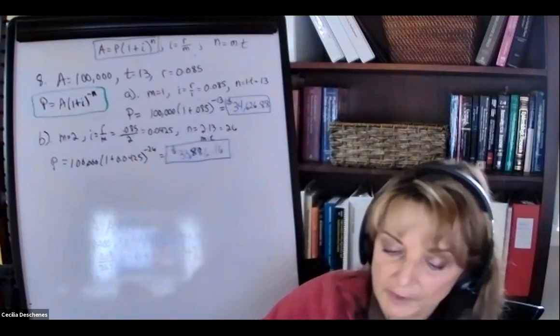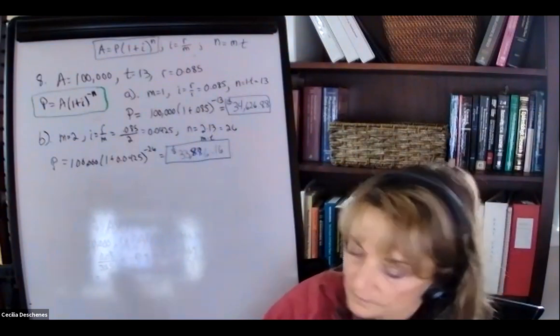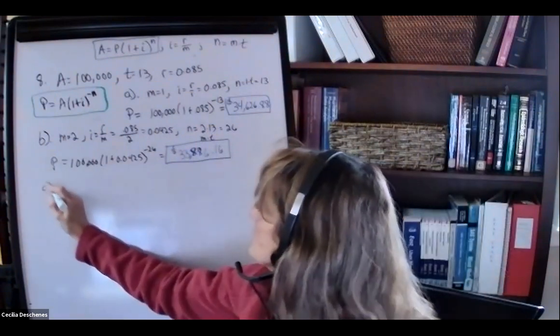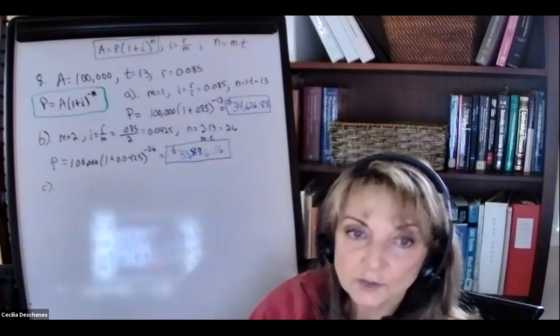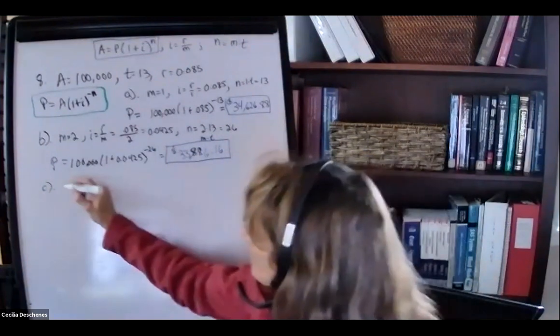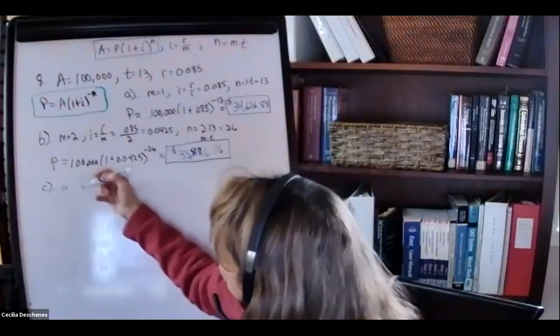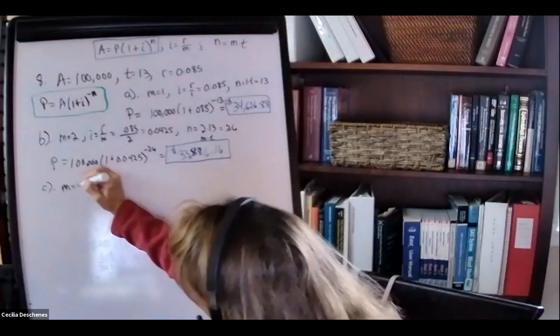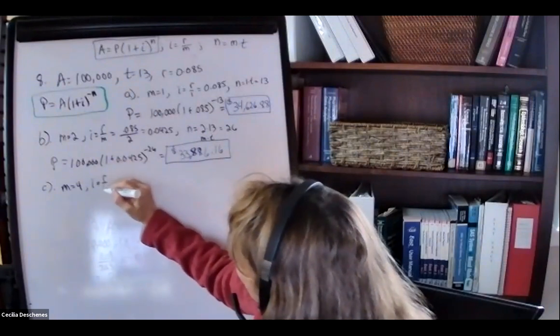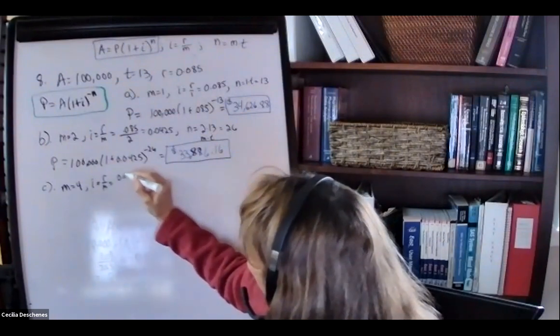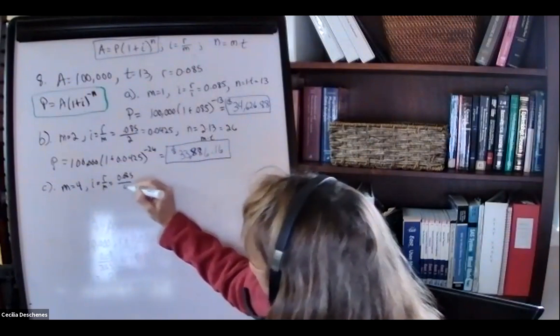Right. So now part C is that we're going to do the same problem again quarterly. So quarterly, m is equal to 4. So I equals r over m, so 0.085 divided by 4.